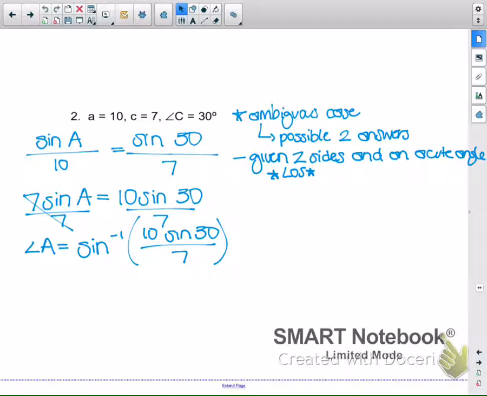Remember, with angles, we're rounding to what? The whole degree. So this one's about 46 degrees. Here's where you need to recognize that your original problem was in the ambiguous case. So while your calculator spits out 1 answer for angle A, there are actually 2 possibilities.